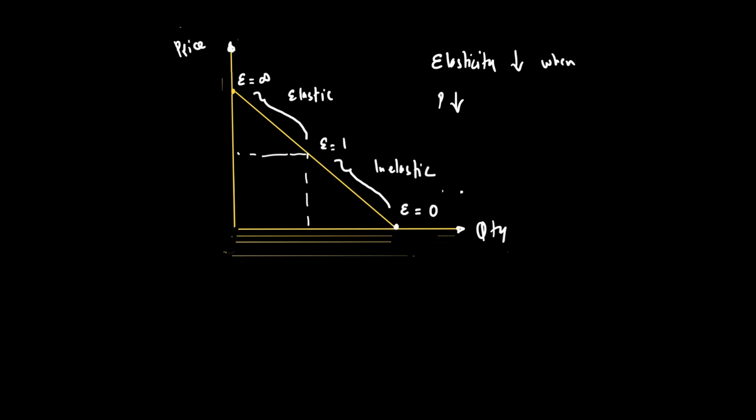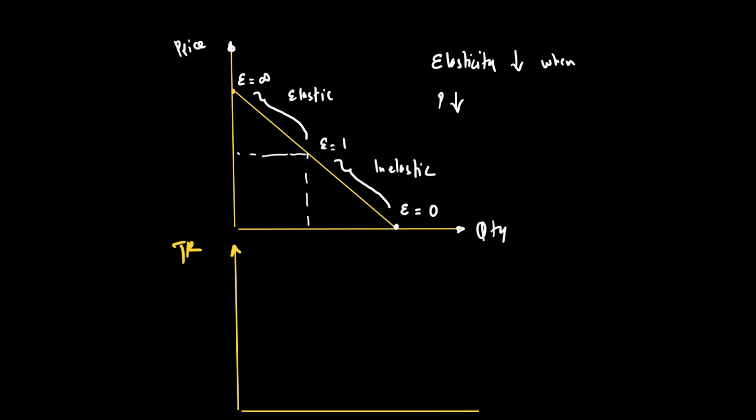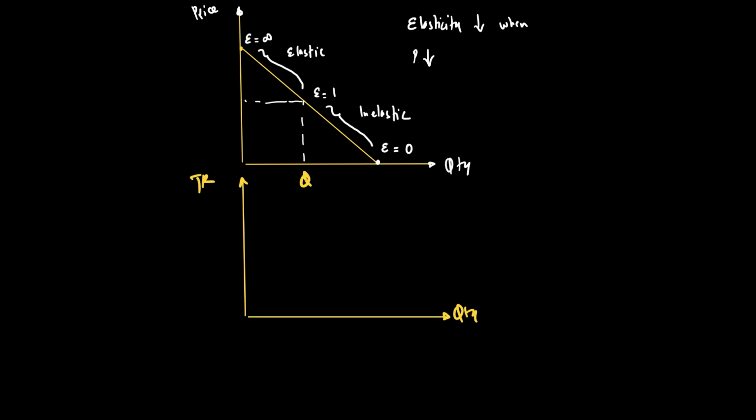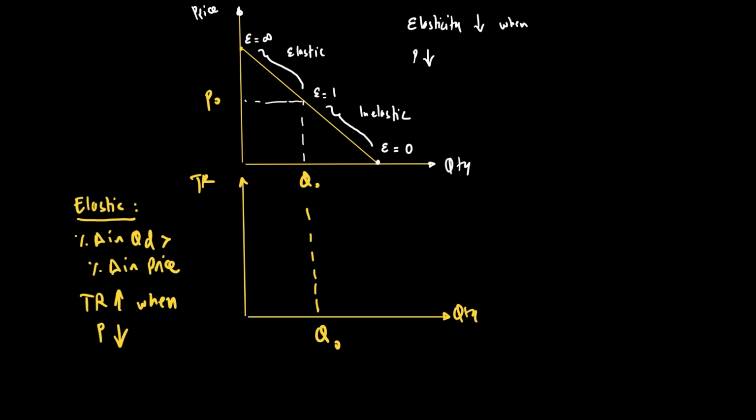So if I make my total revenue graph, with total revenue on my y-axis and quantity on my x-axis, then for the upper half, where the good is elastic, you will agree with me that if we lower the price, because the good is elastic, the percentage change in quantity demanded will be much more. And so when we lower the price, total revenue should go up.